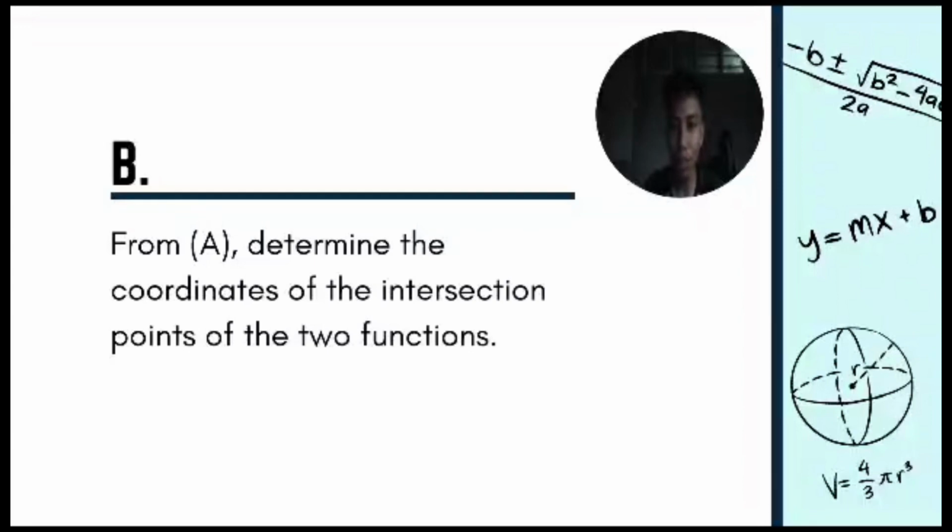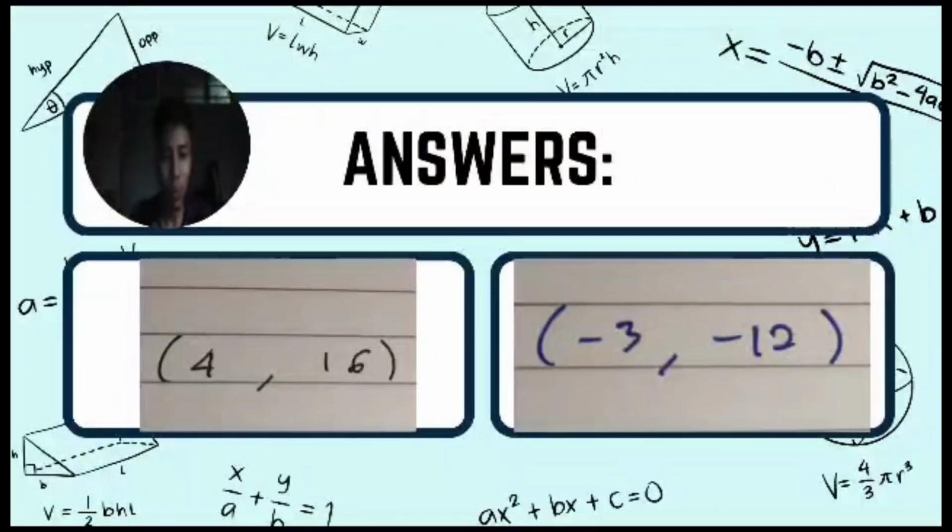Next, question B: from A, determine the coordinates of the intersection points of the two functions. There are two coordinates of intersection points. The first is x equals 4 and y equals 16.